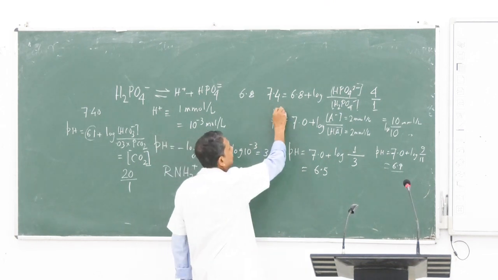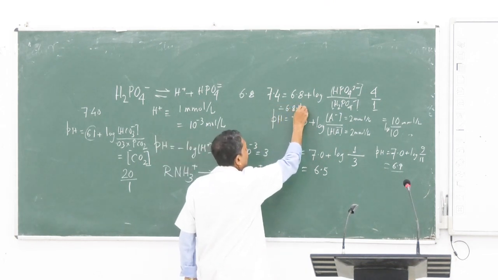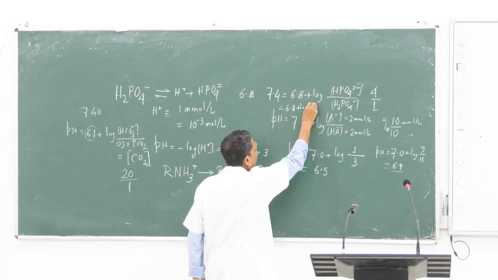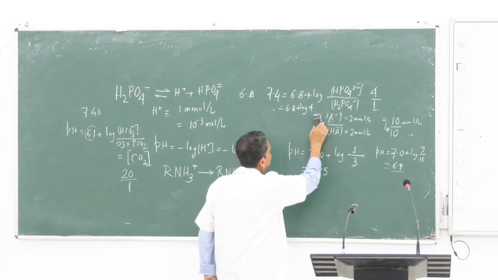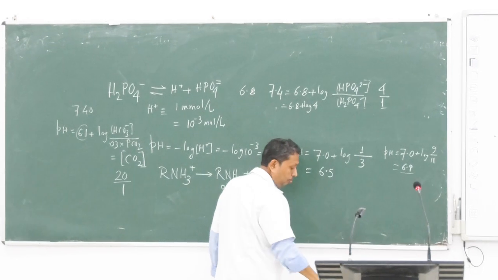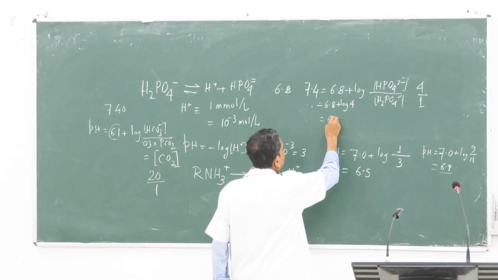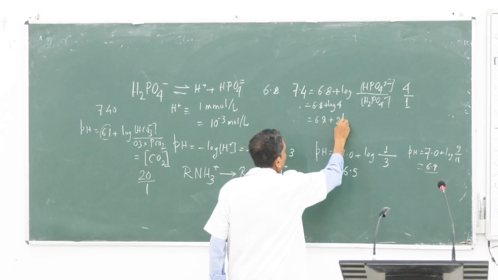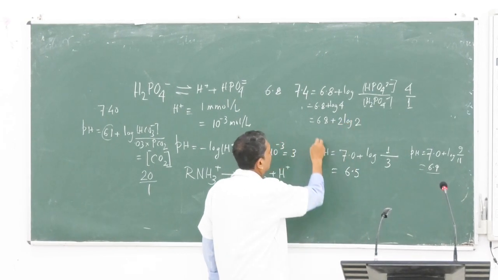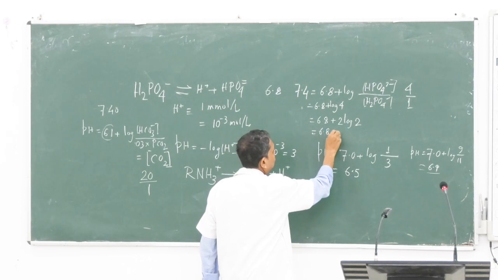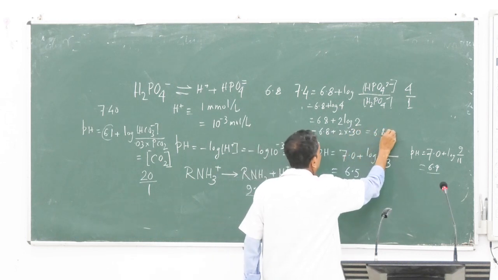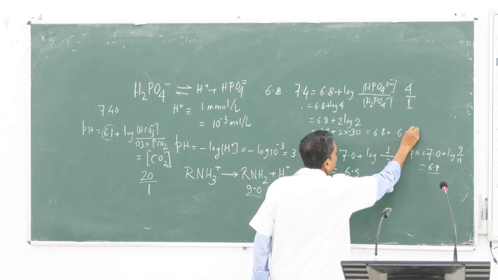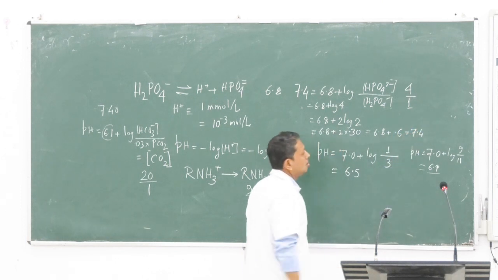Because 6.8 plus log 4, log 4 is 2 into log 2, so 6.8 plus 0.6, that is 7.4.